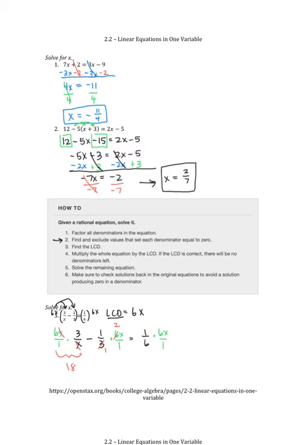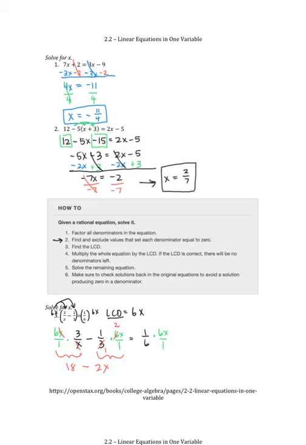So 3 divided by 3 is 1, 6 divided by 3 is 2. So now I will have minus 1 times 2x would be 2x left from that part, right? Notice that all the denominators have canceled out. They're all 1s, so there's not a denominator anymore.